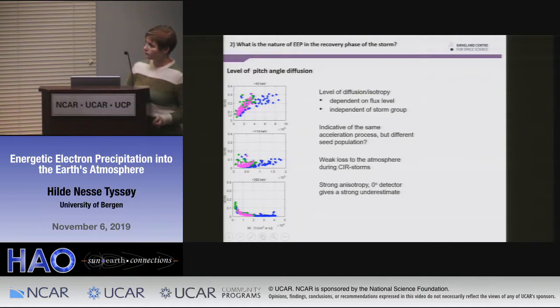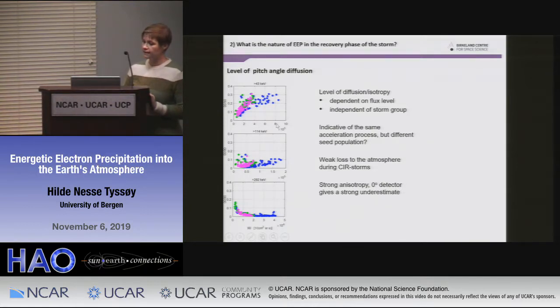So here I chose, I think it's cutting off, not on my slide, but this is the ratio between the 0 and 90 degrees. So using the fluxes more directly, not through this loss cone estimate, but the 0 and 90 degree fluxes, and here is the level of fluxes in the 90 degree detector.